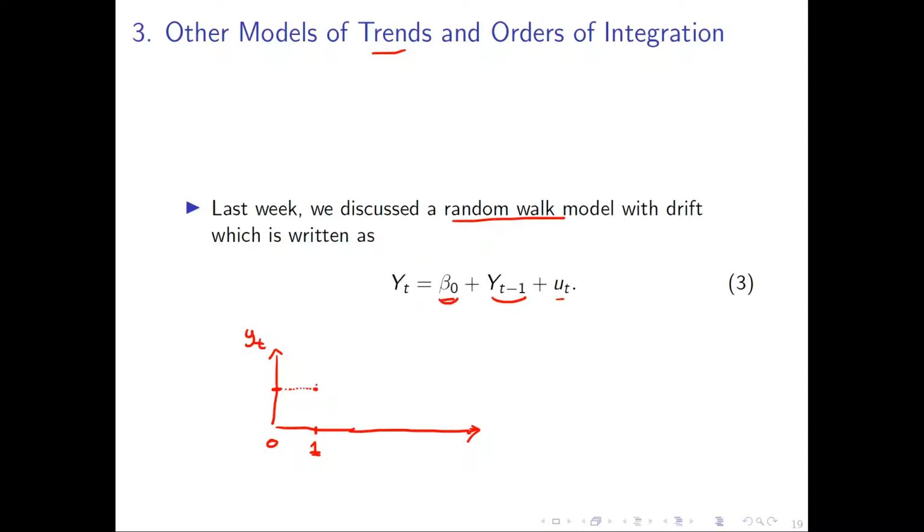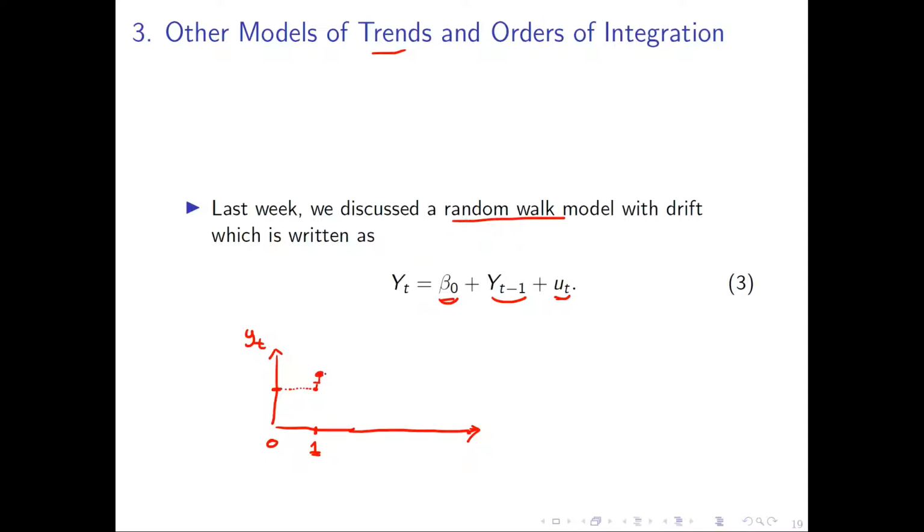Probably the drift term would be a positive number, and you would add the random error term, for example, even higher here. So this would be the value of yt at time equal to 1.